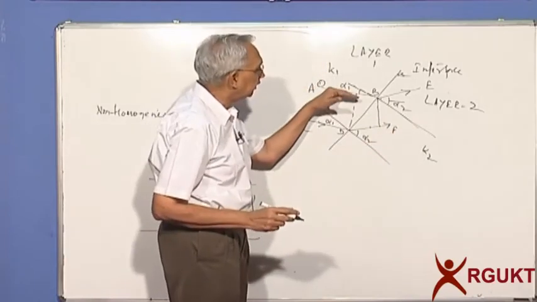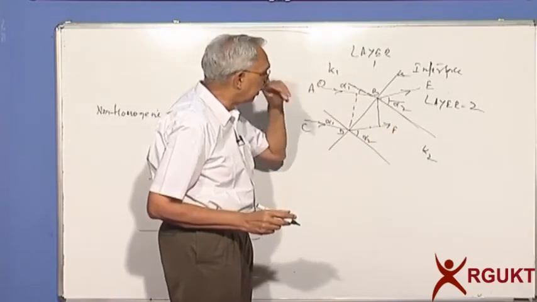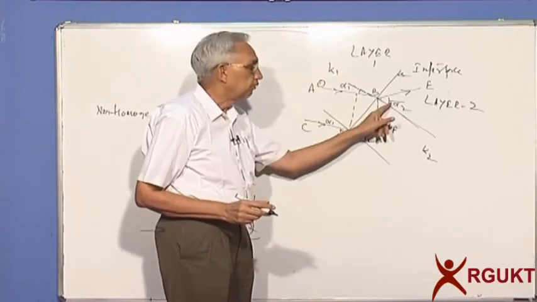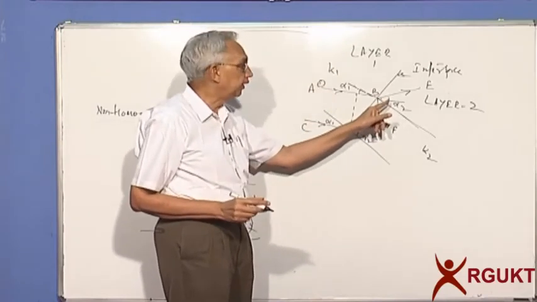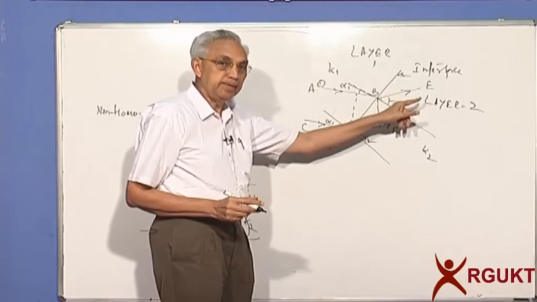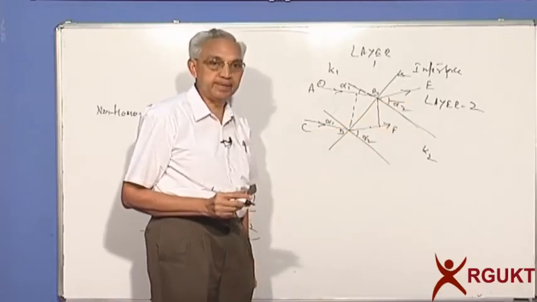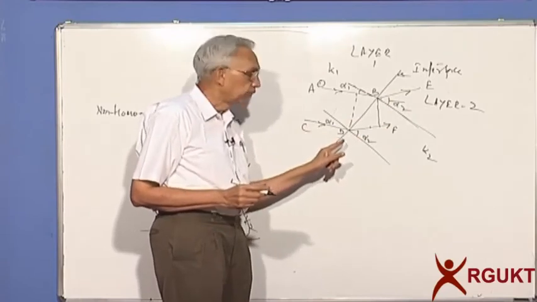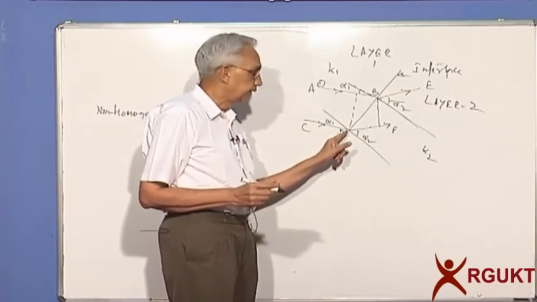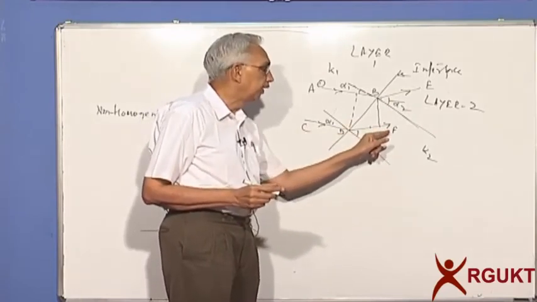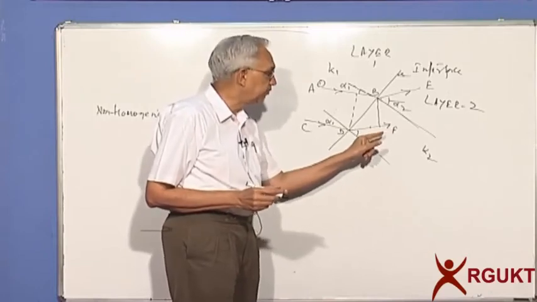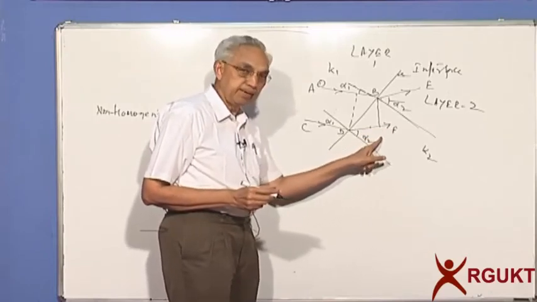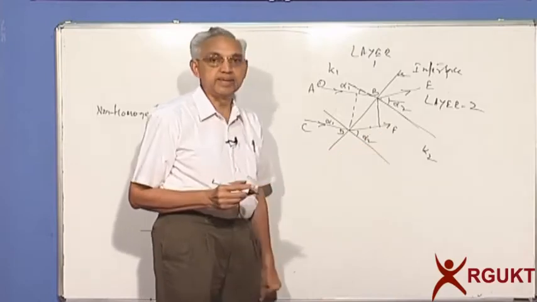So alpha 1 is the angle with respect to the normal in layer 1. Alpha 2 is again the angle the flow line makes in layer 2, whose permeability is K2. Similarly here, the flow line CD meets the interface at D, and then the flow line passes into the second medium, making an angle alpha 2 in the second medium.